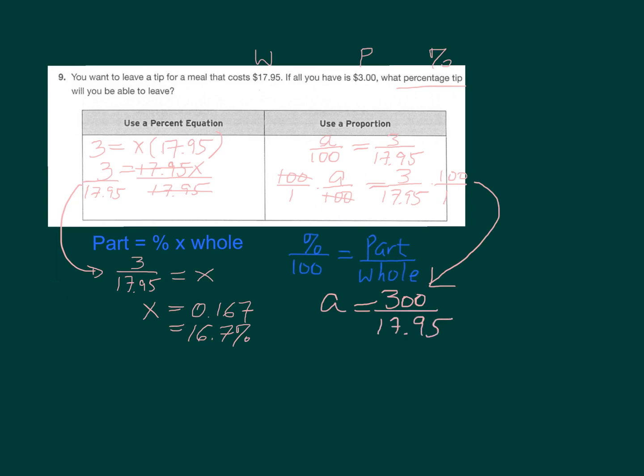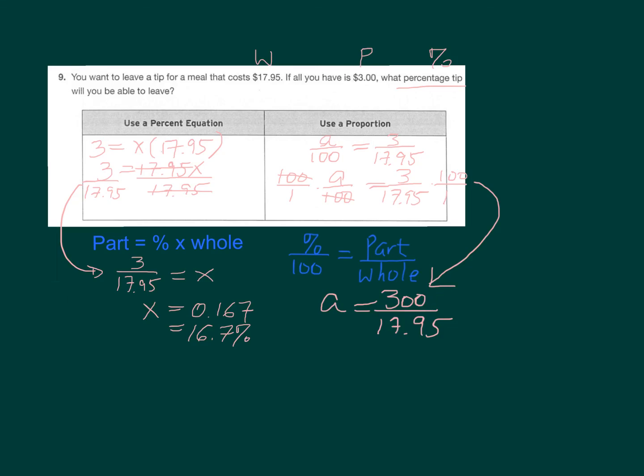And you notice how similar this fraction is to this one. And this already has 100 included into the fraction. So that is why in the end, you wouldn't have to multiply your answer by 100% to change the percent, because the percent is already embedded in this answer.